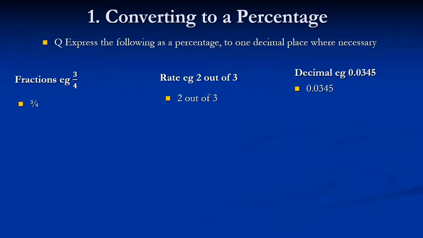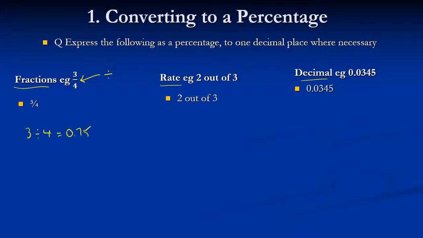So first of all, when we want to convert to a percentage, we'll often find things as either fractions, rates, or decimals. So if we see a fraction, for example, 3/4, let's just remind ourselves that this vinculum is actually just meaning divided by. So if we want to convert a fraction into a decimal and then into a percent, what we would say is 3 divided by 4, that would give you 0.75.